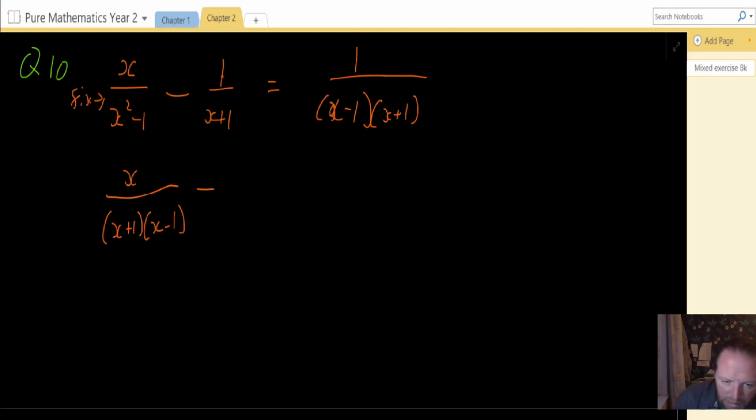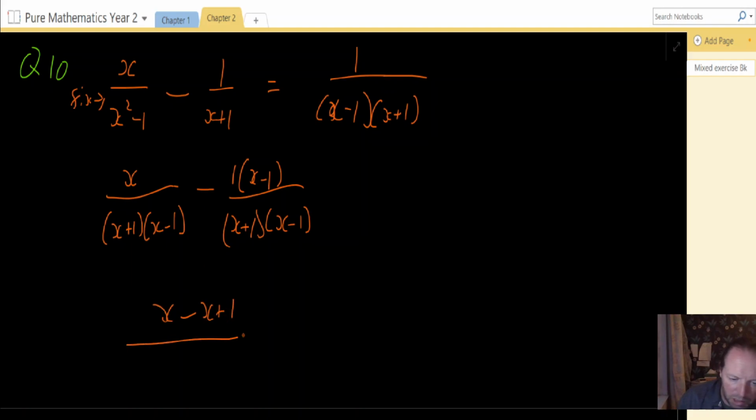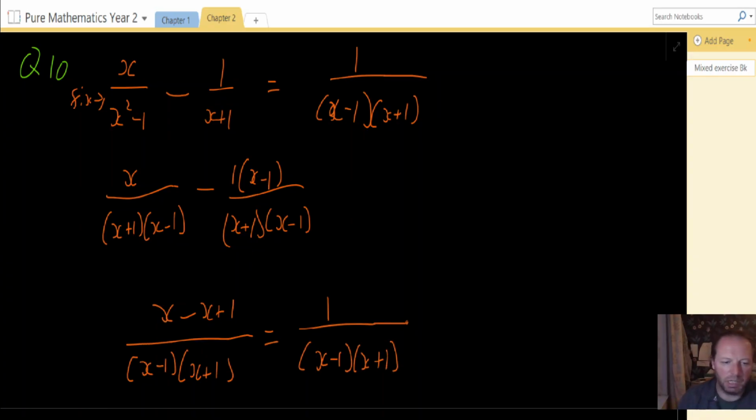To put this next fraction into the same denominator, we multiply it by x minus 1 on top, and also x plus 1, x minus 1 on the bottom. Putting that together, we end up with x minus x plus 1 on the top, and the (x minus 1)(x plus 1) on the bottom, which of course is 1 over (x minus 1)(x plus 1). Okay, that is f of x.